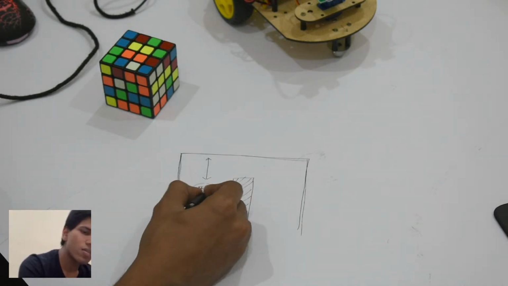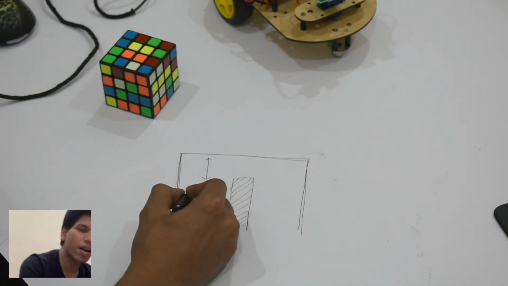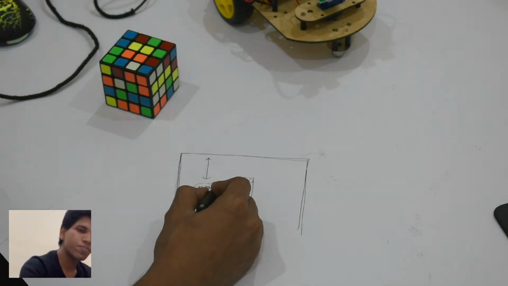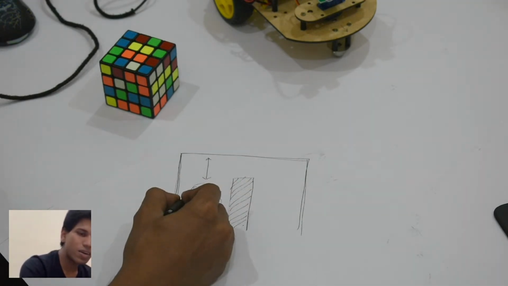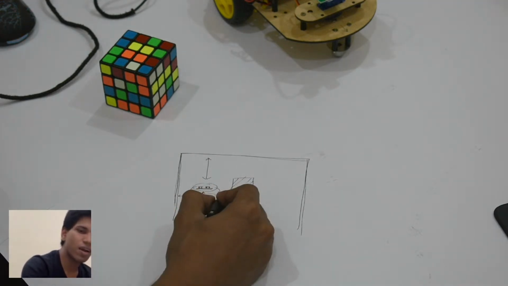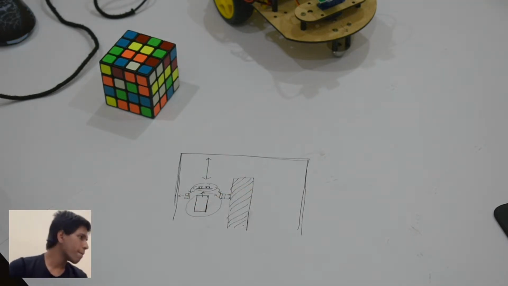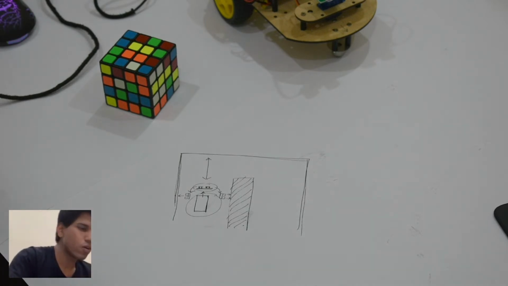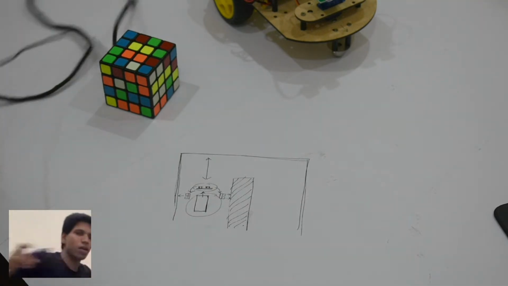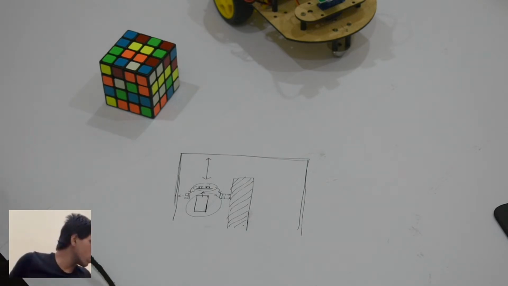Then this sensor has to turn to the left side and the right side and check the distance on the left side and on the right side. Our code is just going to reflect that. So let us go back to our code, and this is going to be really easy to code now.